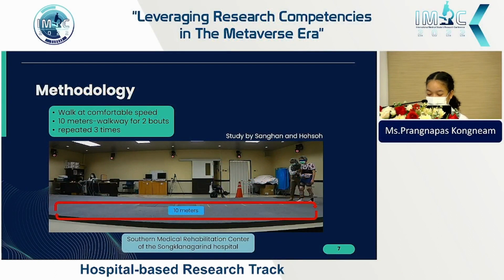The experiment took place at the Southern Medical Rehabilitation Center of Songklanagarind Hospital. The patients walked at a comfortable speed along a 10-meter walkway for 2 rounds, and we repeated this 3 times.